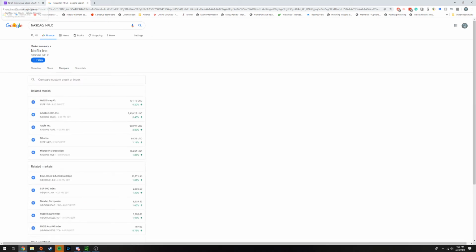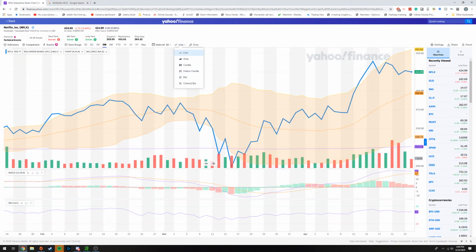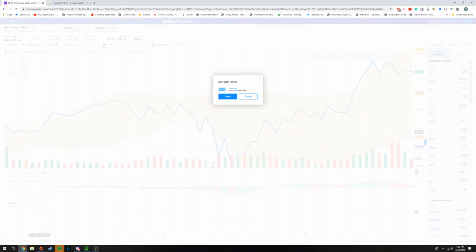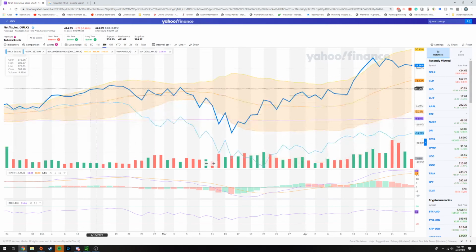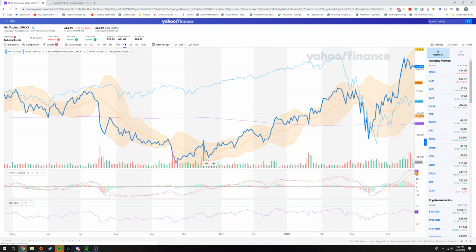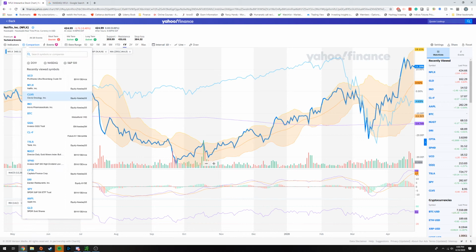And you can even compare them too. You can even do it back here too. You can do a comparison versus the S&P 500, for example. The S&P 500 is just the biggest 500 stocks. So that's the graph of the S&P 500, or you could pick any stock you want and compare them side by side on top of each other.